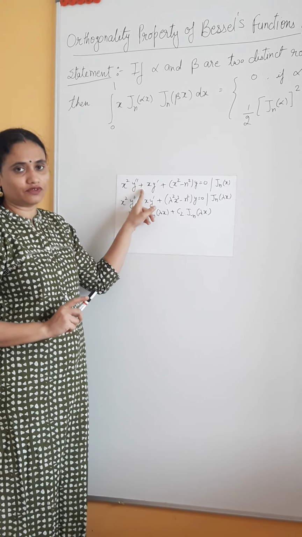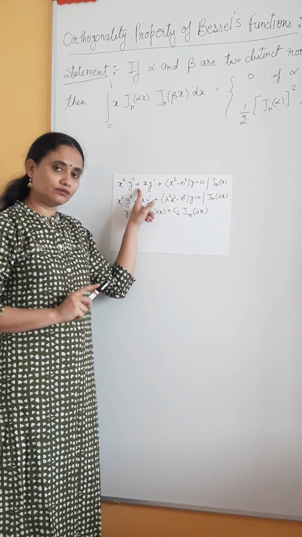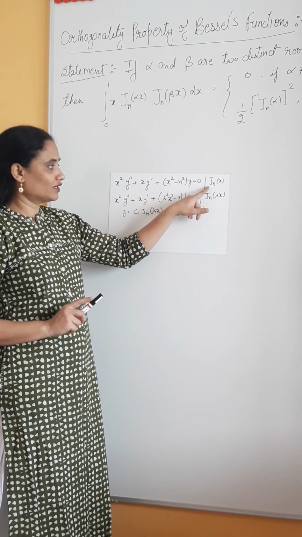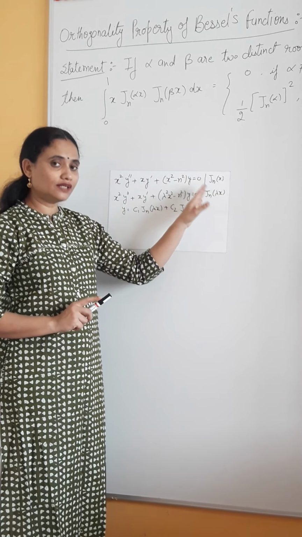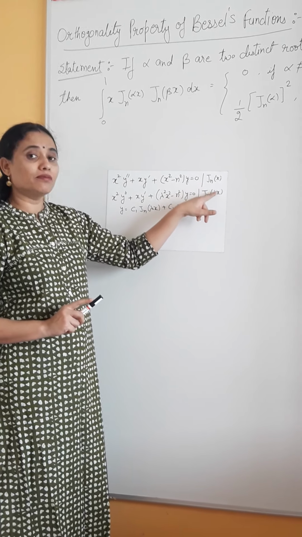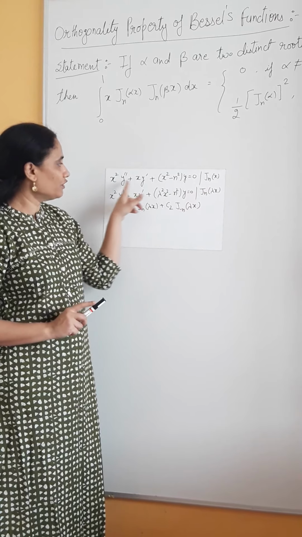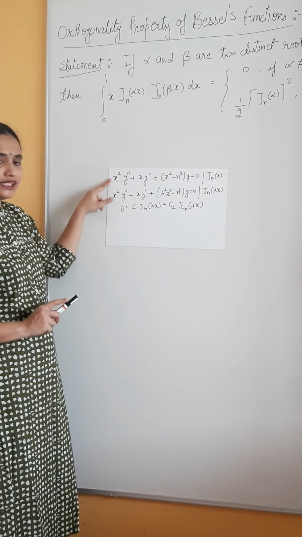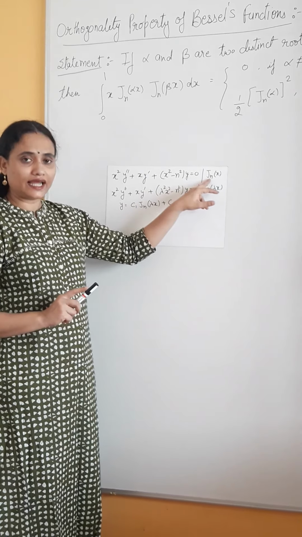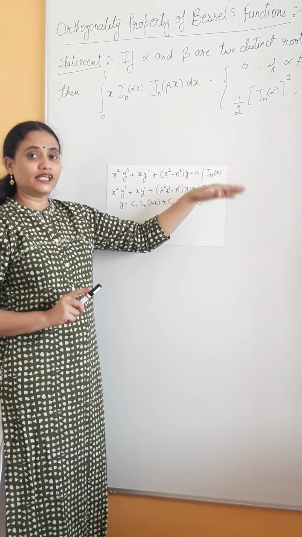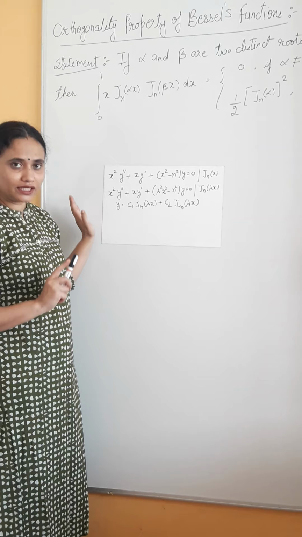When we solve this equation, we get the solution in terms of Bessel's function. Bessel's function in general is denoted by Jn(x), and the other value we find is J minus n(x). So the solution for this equation is y equal to a Jn(x) plus b J minus n(x), which we have done in the previous video.